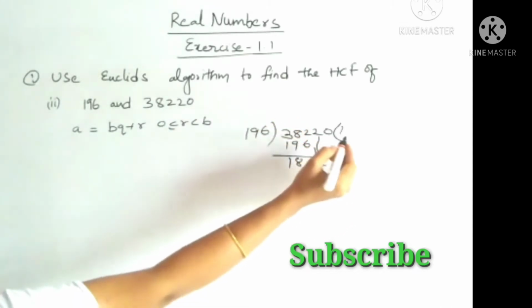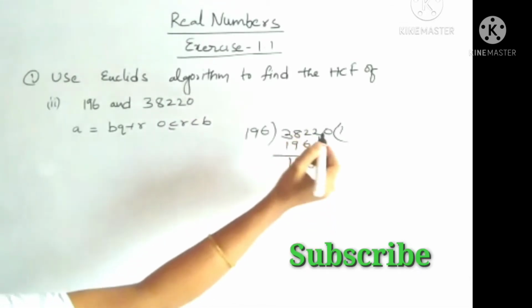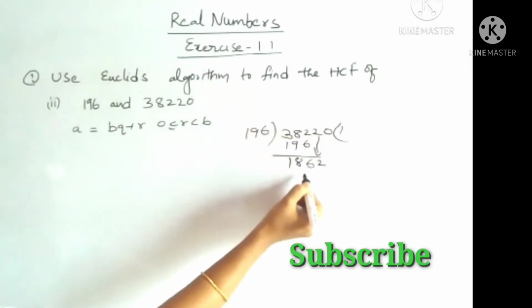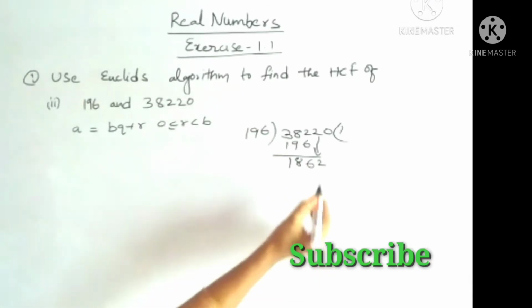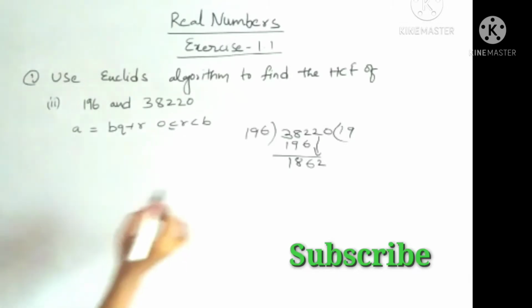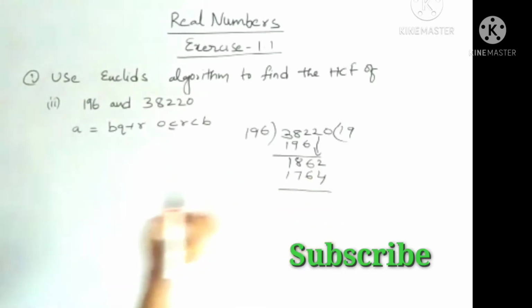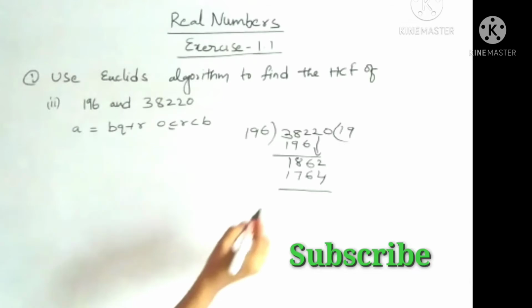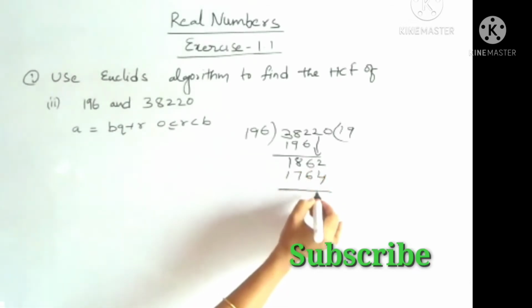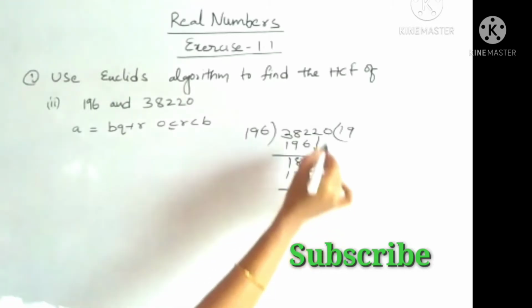Here I am not checking, but you should check. If we multiply 196 with 9, we will get 1764. We subtract, and we get 8, 9, 0 and this 0.